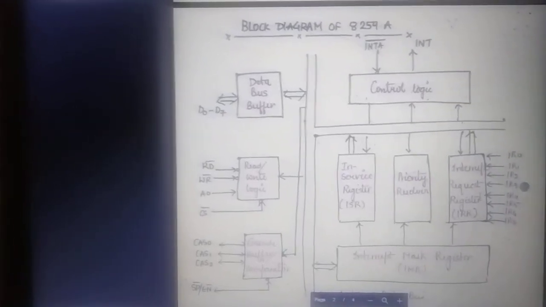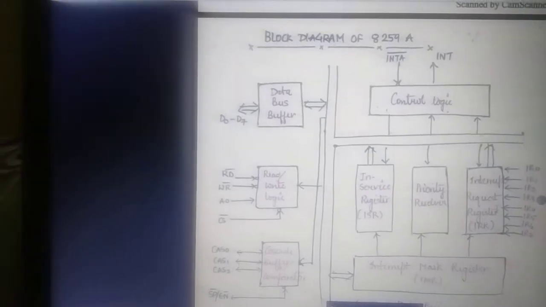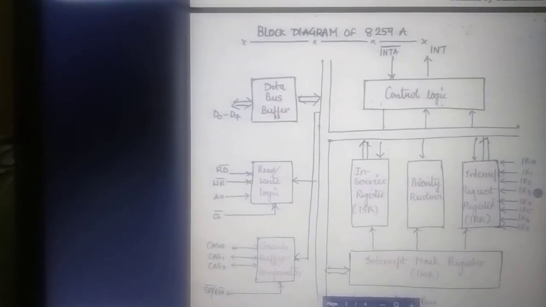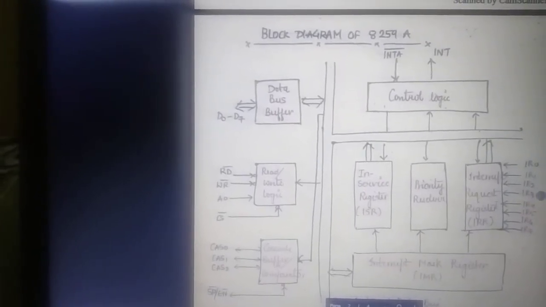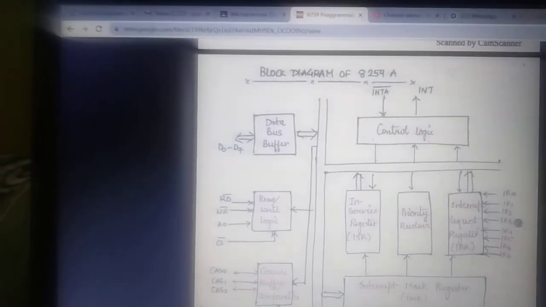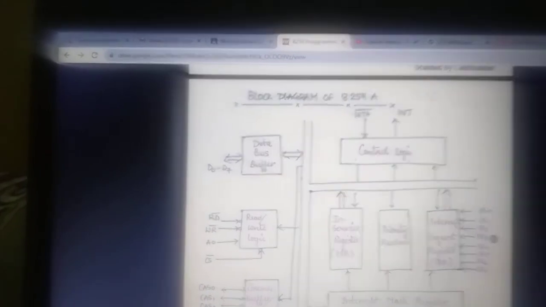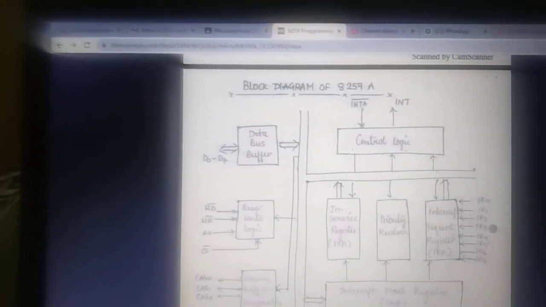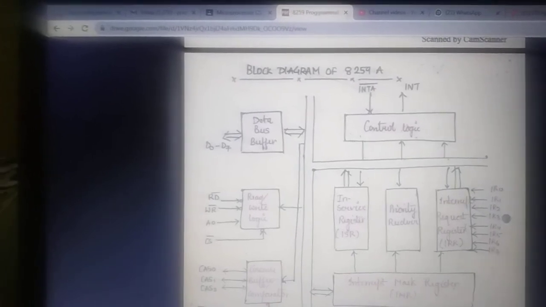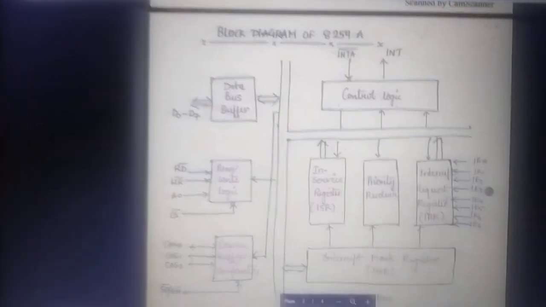It is connected to the system bus of the 8085 or 8086 microprocessor. In case of 8085 there is an 8-bit data bus for the microprocessor, and in case of 8086 there is a 16-bit data bus. But those are the microprocessor's internal buses, and this is the 8-bit data bus of the 8259 IC, which is used for data transfer between the processor and this 8259 IC.